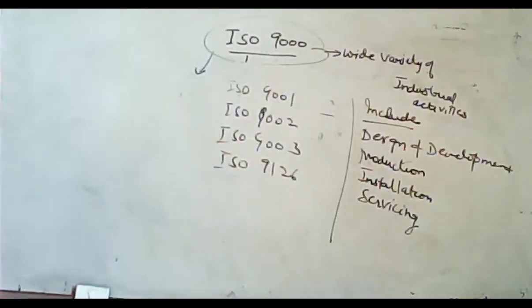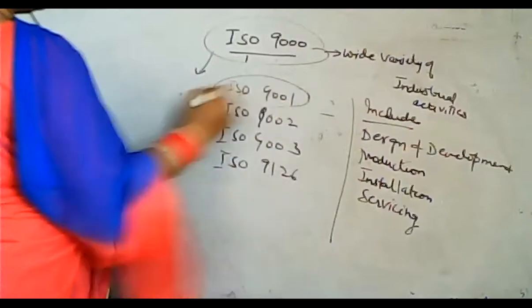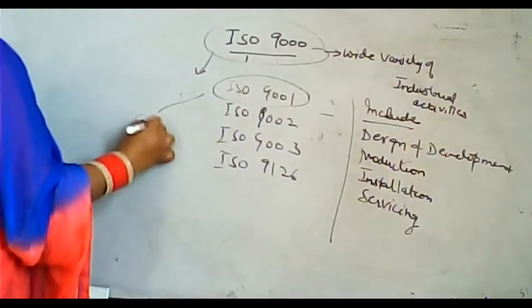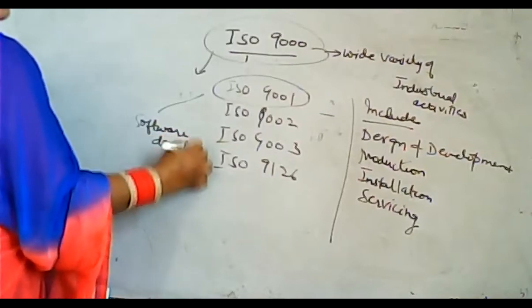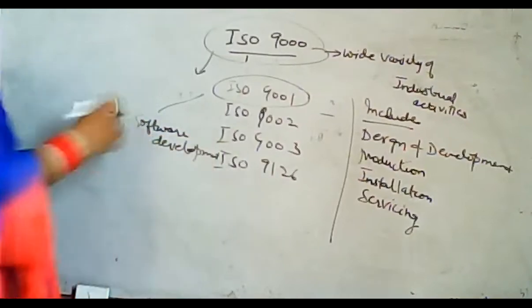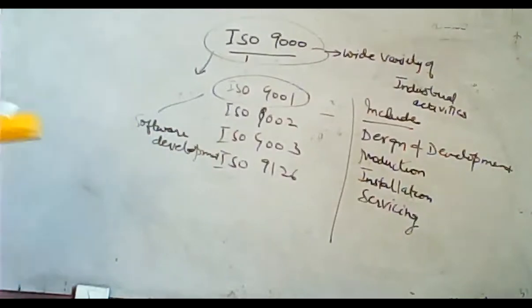ISO 9001 is applicable for the software development industry. So this standard applies to software development.